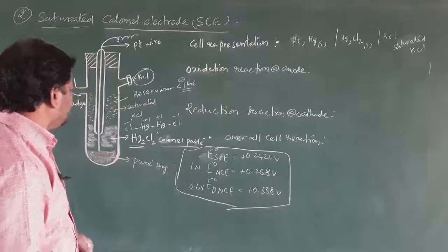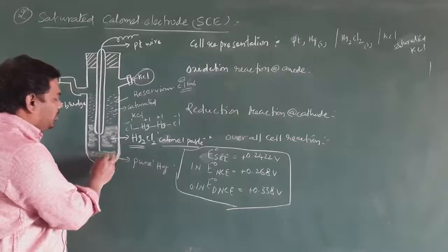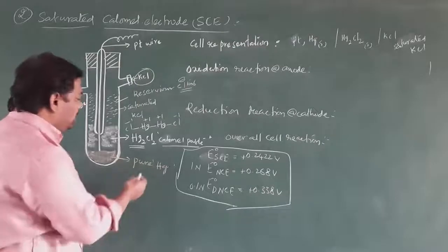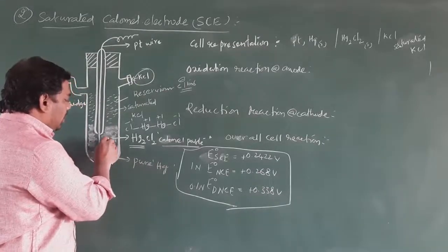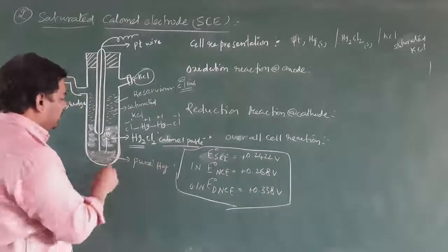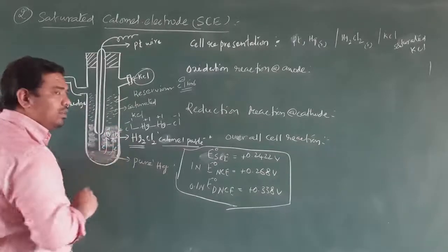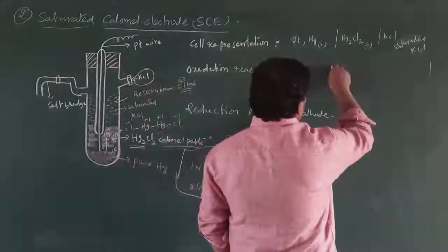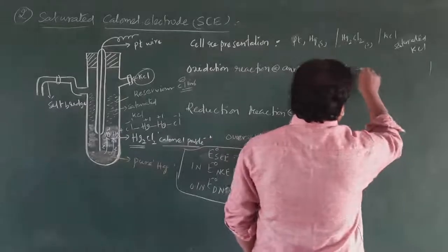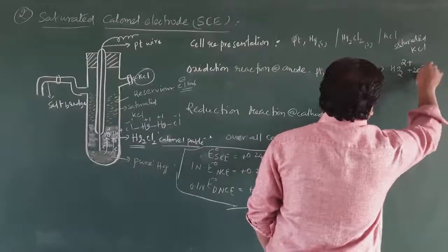So here you can see, students, the mercury is going to be oxidized. Generally the reaction takes place at the bottom of this glass vessel. This mercury is oxidized, so it is converted into Hg+ with the loss of electrons. That means 2Hg solid is converted into Hg2 2+ with the loss of 2 electrons.